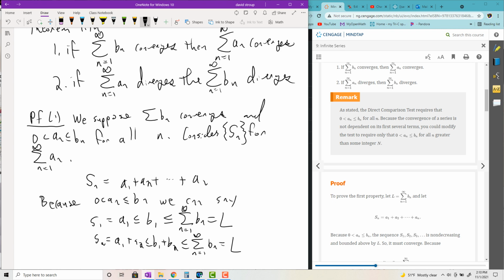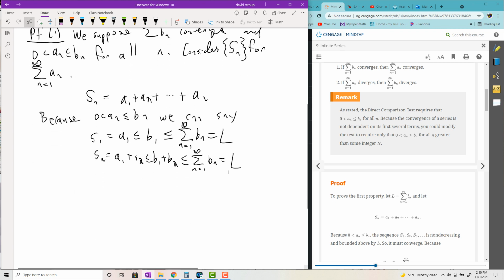You can repeat that game until you get to S sub n, and you'll note that no matter how you slice S sub n, the sequence will be bounded above, and it will be increasing because all the terms are positive. So you have this monotonic increasing issue, and so it will be convergent.